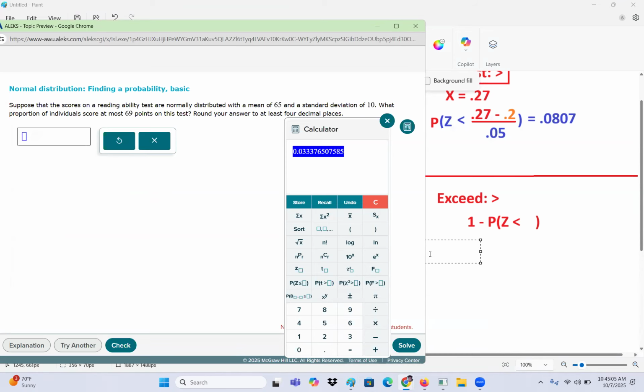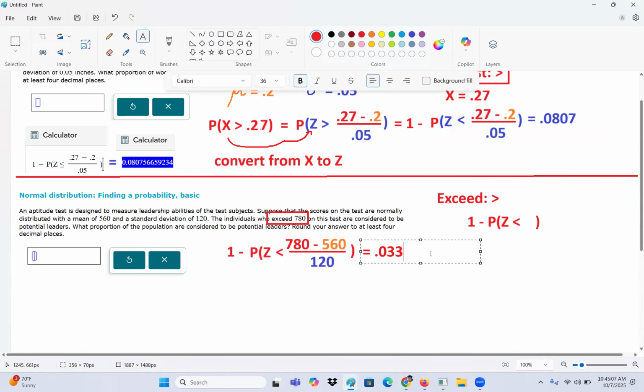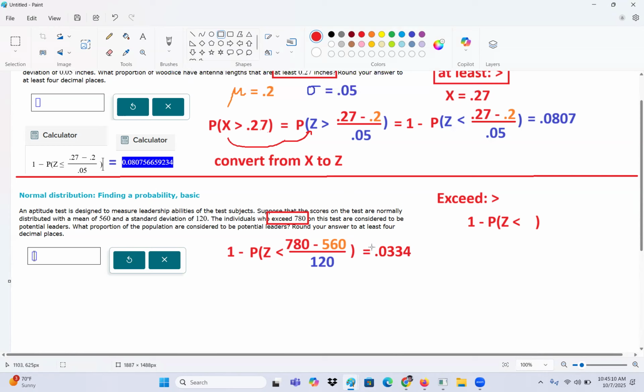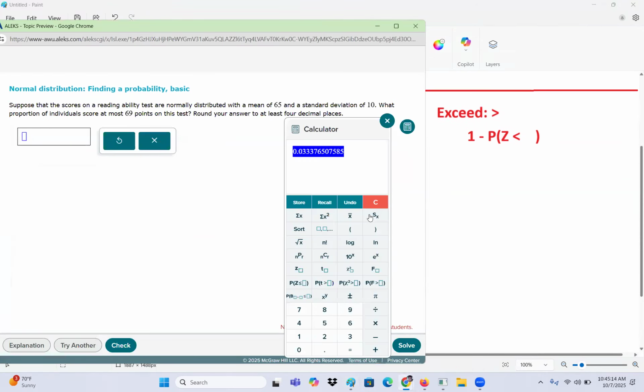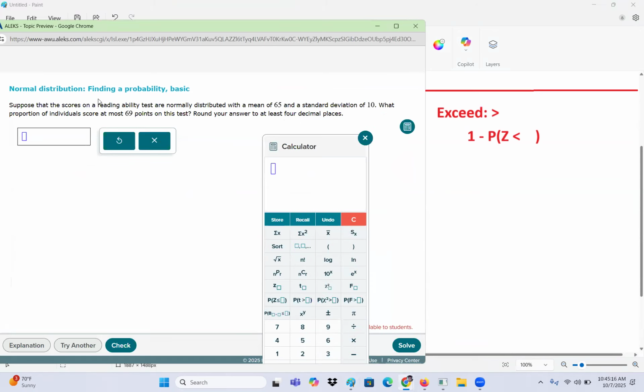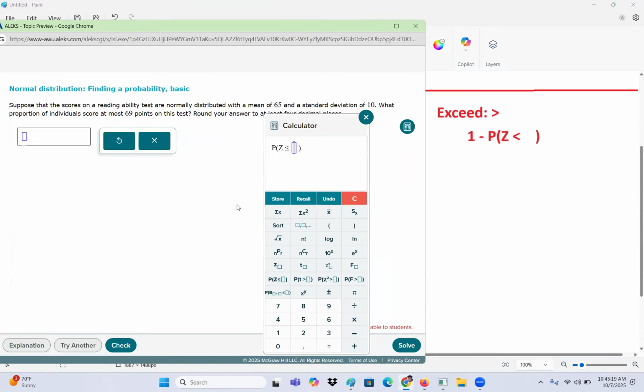Three, three, four, something like that. Okay. We good? For this problem, we just simply say at most, so you don't have to subtract.